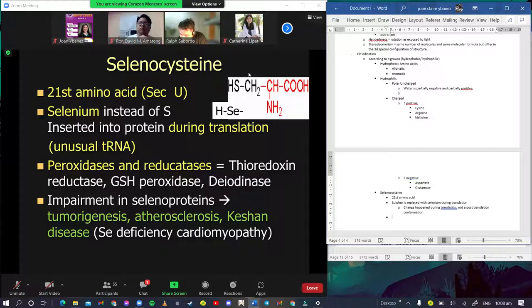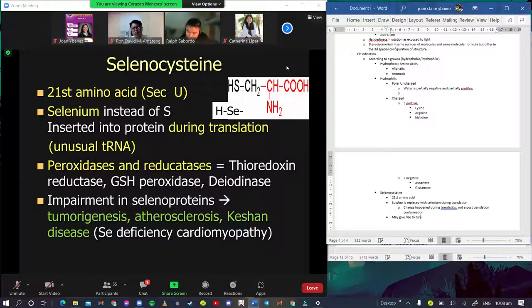Now, it has been noted that impairment of the selenoprotein can give rise to certain clinical conditions. It can give rise to tumor formation. It did not specify, because this is only what is noted in the book, whether this tumor can be cancerous or not.